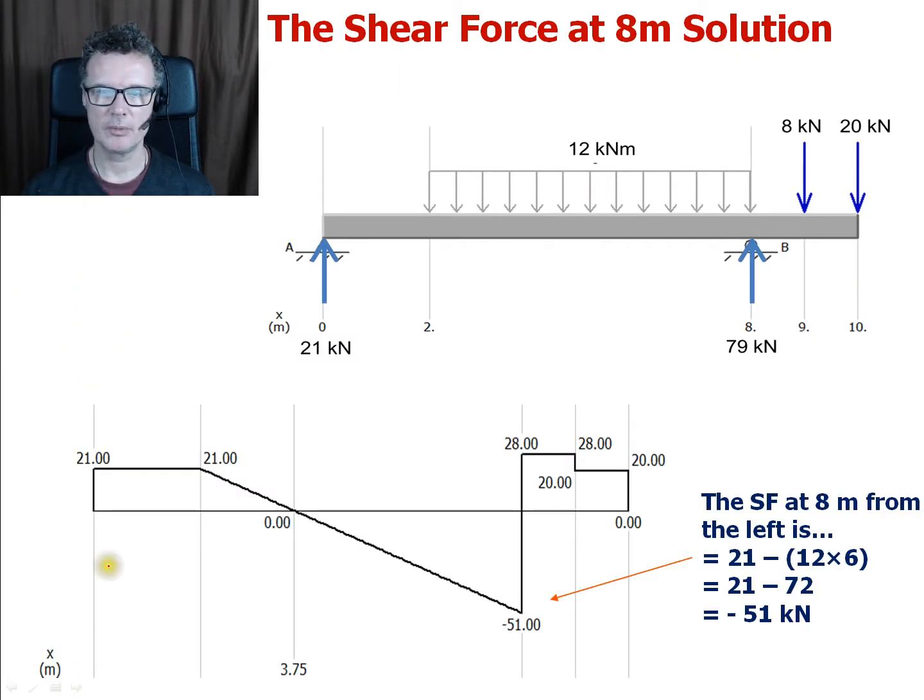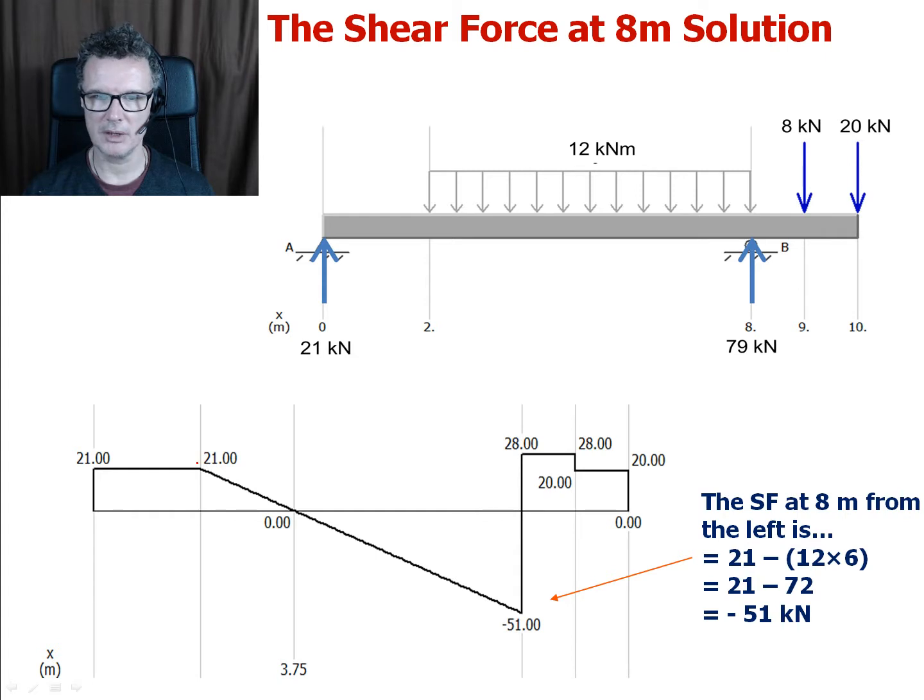Right, so the stupid way to do it would be to go through from left to right and say, well, first I've got 21 going upwards, then I've got my UDL, use my formula for that. My formula would be minus 12 times x take away 2, and then plot those values out.